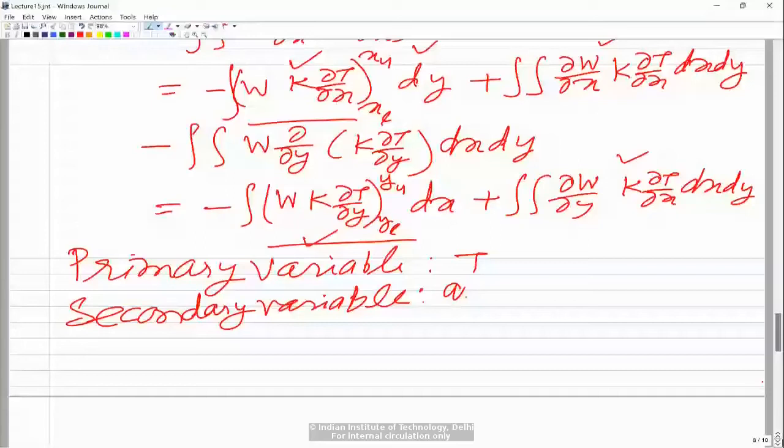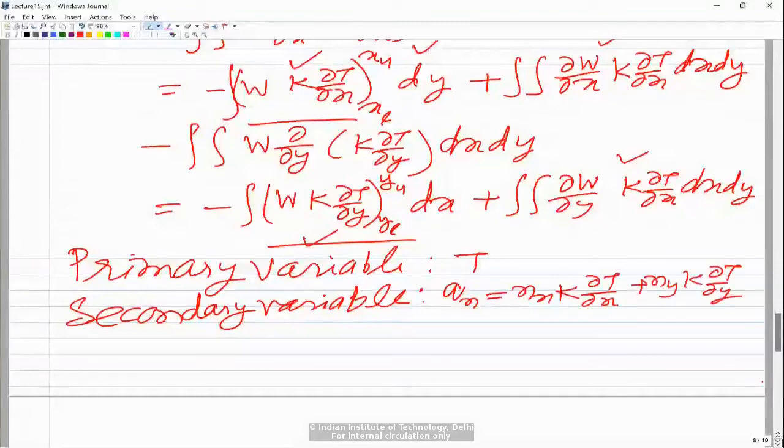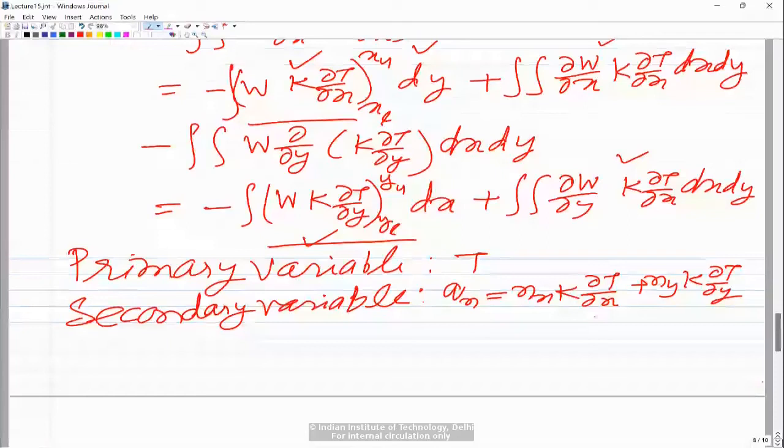Qn is nx into k into del T by del x, combining these two, and ny into k into del T by del y. As I already told you, we write dx and dy in the boundary integrals as nx into ds and ny into ds, and therefore finally we get nx k del T by del x plus ny k into del T by del y.